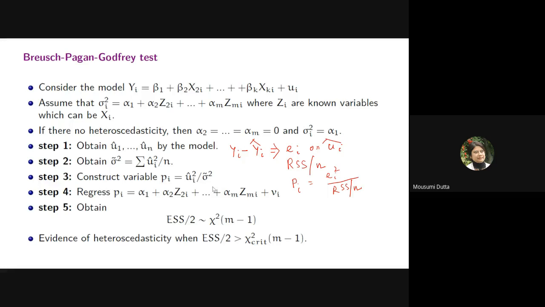It can be the original xi's, or it can be some variables related to xi. It will depend. If there is any numerical exercise in your test, all these things will be mentioned. Theoretically, when you face this kind of problem, generally xi's will be there in place of zi's.